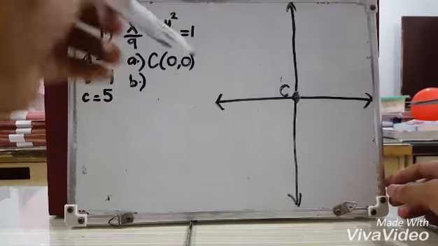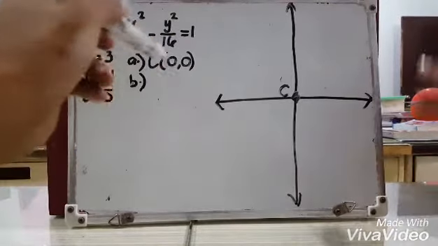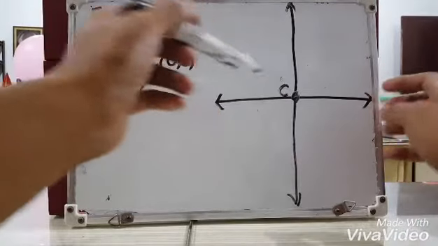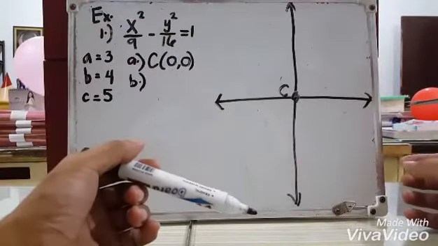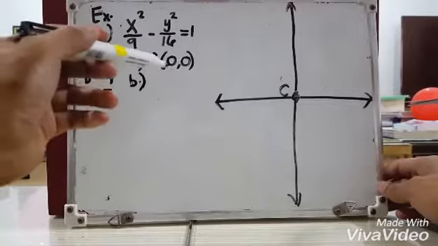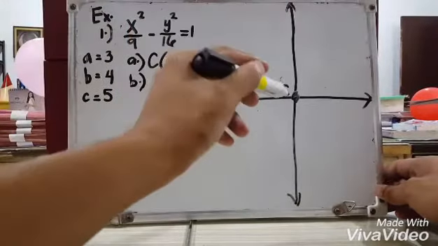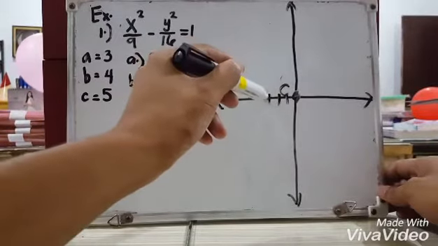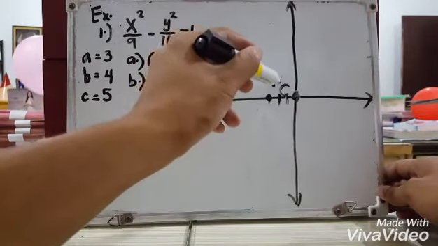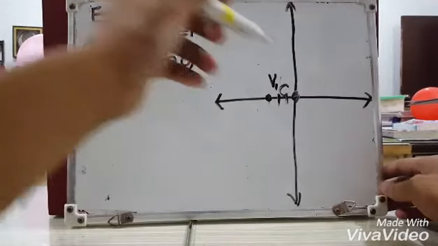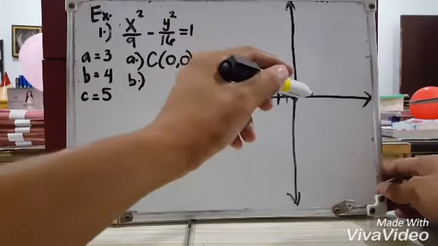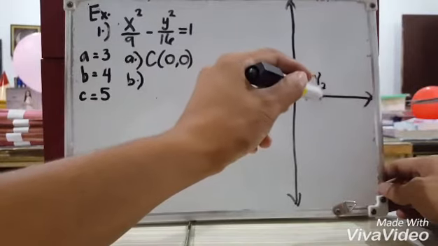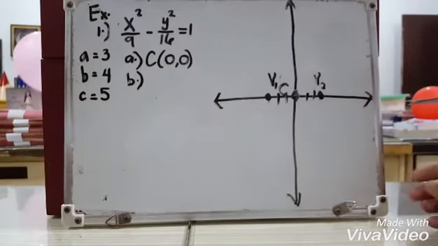Since the hyperbola opens to the left and to the right, our vertices must be on the left and right side of the center. From the center, we count 3 units: 1, 2, and 3. This is now your V1. Another 3 units to the right: 1, 2, 3. This point is now your V2.